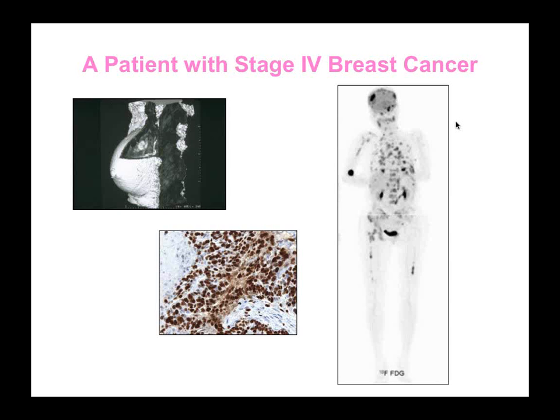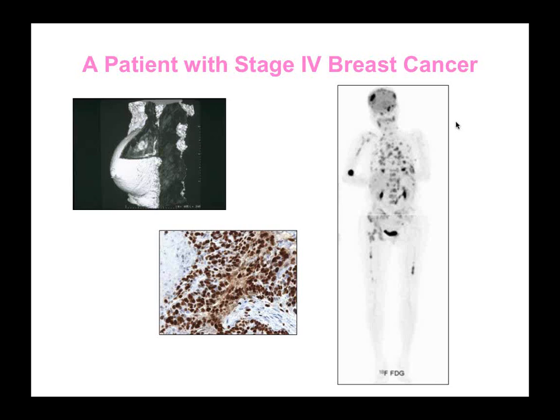So this is an example of a patient who presented with a mass in the breast. And that was biopsied. You can see the color photo below. This is the magnified view of what that tumor looked like under the microscope. And this is a brown stain that is staining for a proliferation marker in abnormal cancer cells. And you can see that it's staining very strongly. And so this was a very high-grade and aggressive breast cancer.